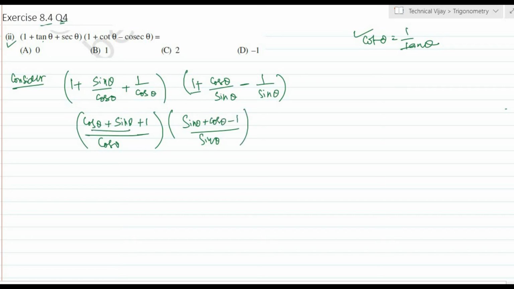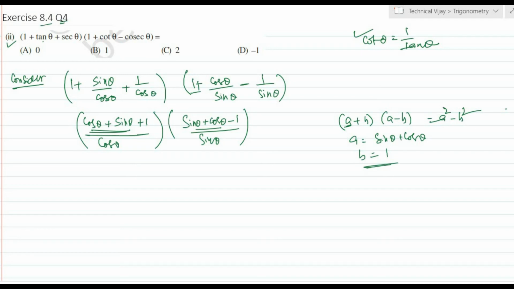You observe here (sin theta plus cos theta plus 1) and (sin theta plus cos theta minus 1). That is (a plus b) into (a minus b), which is equal to a square minus b square. Here a means sin theta plus cos theta and b means 1.